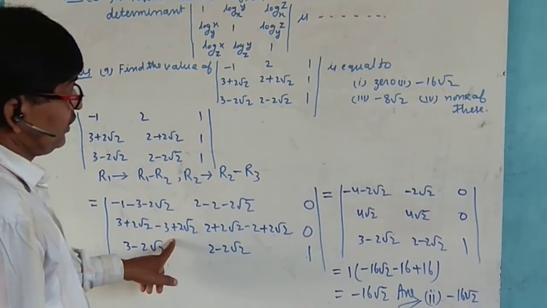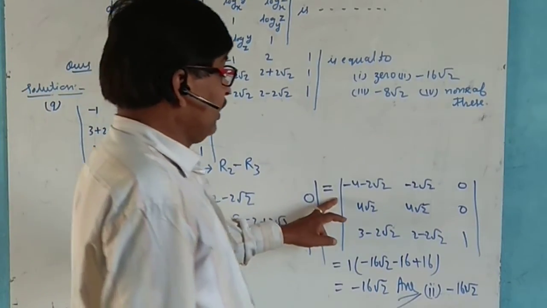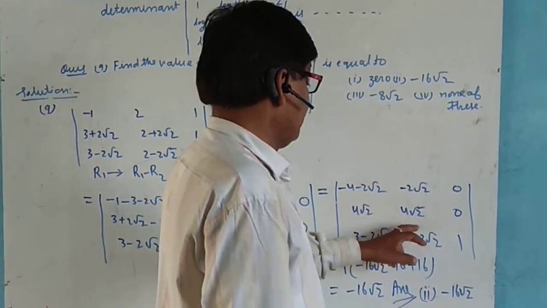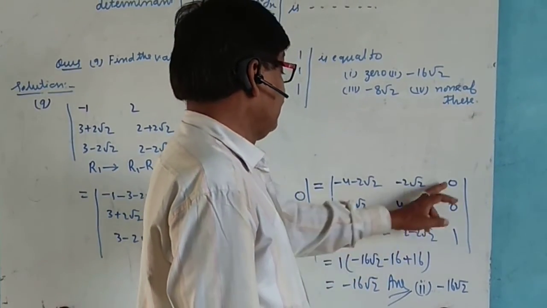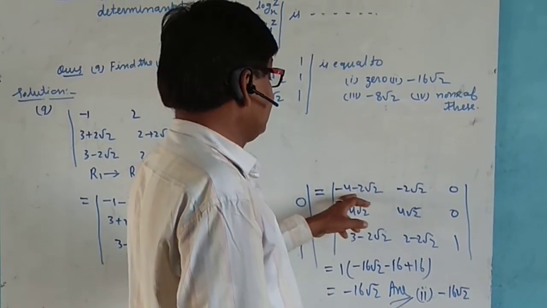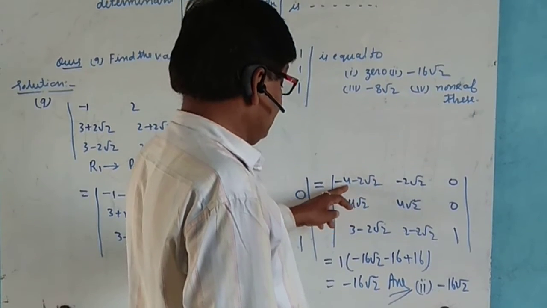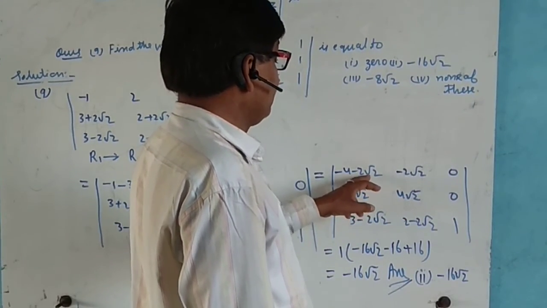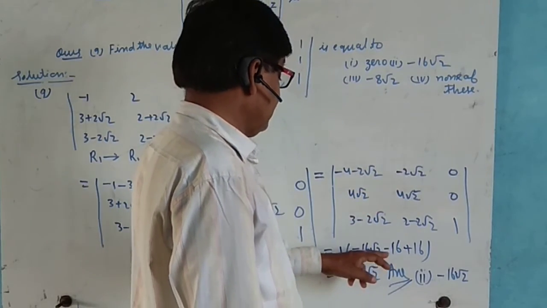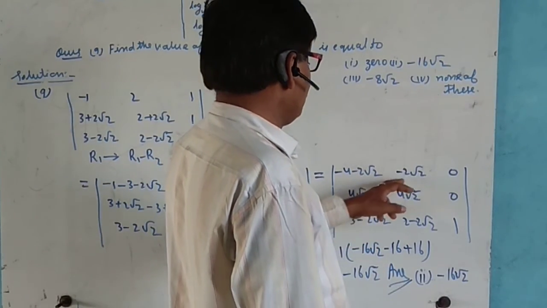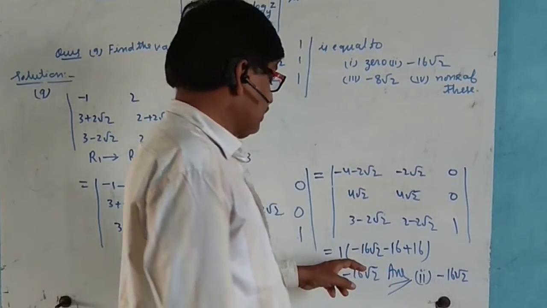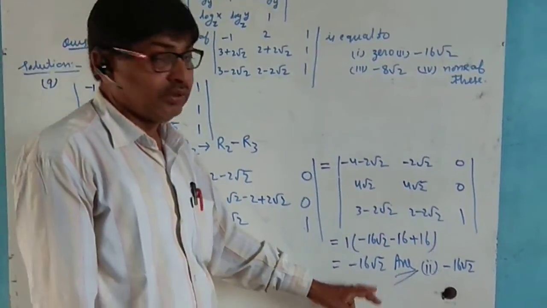We get this, and after expanding with plus minus plus signs, deleting this, multiply this, 4 4 are 16 minus 16 is 2, and 4 2 is 8, 2 is 16 minus 16, and 4 minus minus plus, that is plus 16, so that the value of this is minus 16 root 2.